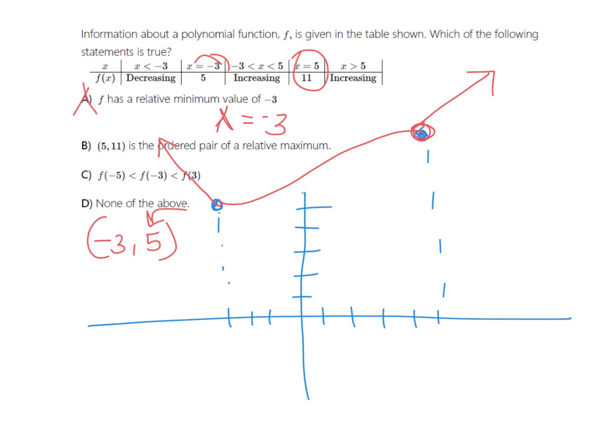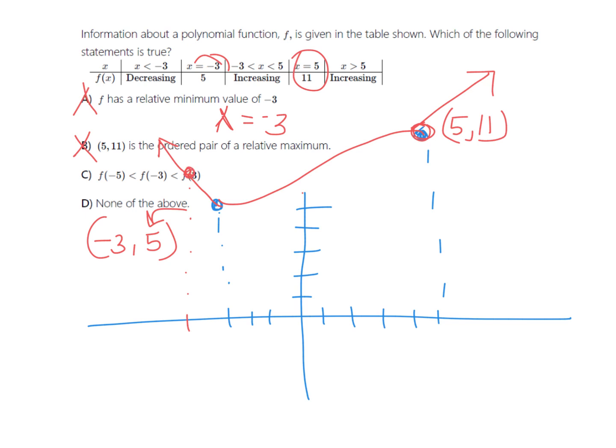I go to the next one. 5, 11 is an ordered pair of the relative maximum. Okay, I know this is 5, 11, but that is not a maximum, so that one is out. Now let's go to the next one. F of negative 5, so let's say here I go up, so we're talking about a value there.